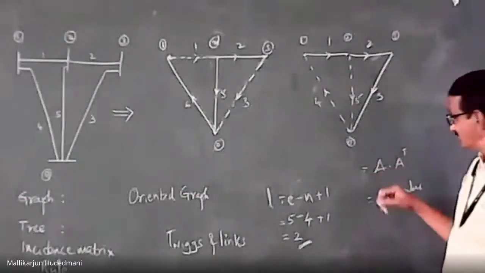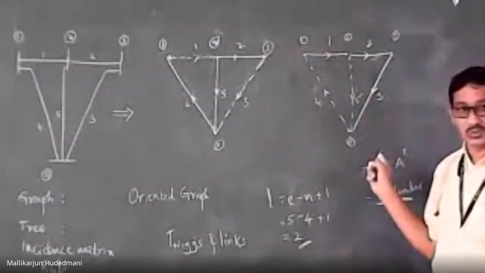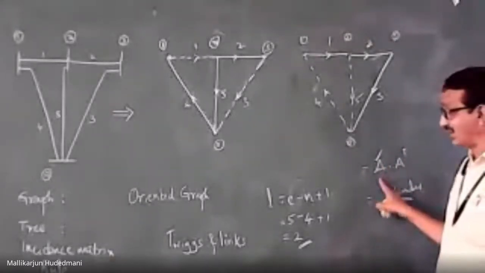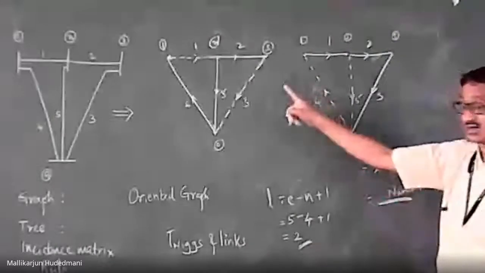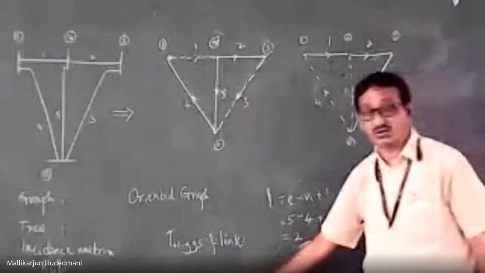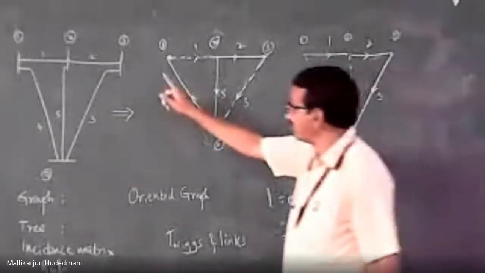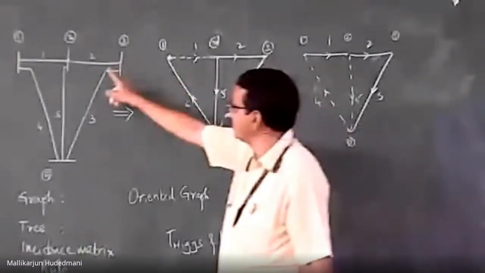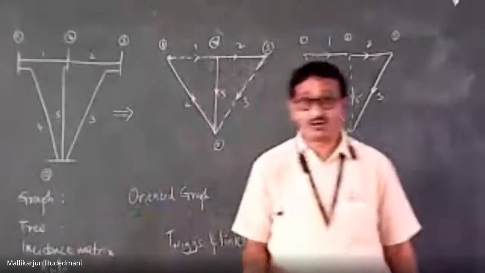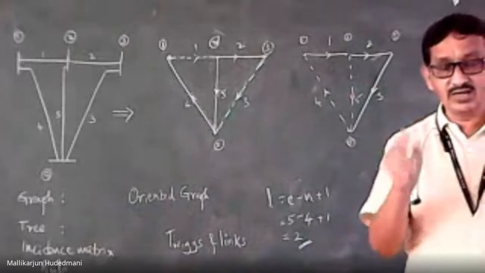No question comes, what is A? That's what my beginning was. I took you to the application, made you confirm what exactly I require. A matrix is my need. A matrix comes whenever I find a graphical representation of a network. So I made you know a topological representation of a problem by a graph, which is an oriented graph. Then a tree is formed from the given graph by eliminating a few of the solid lines by dotted lines.